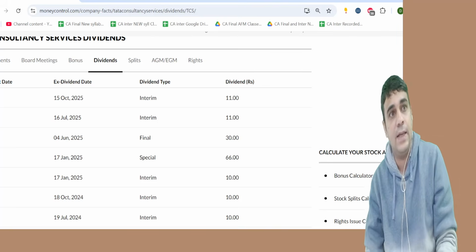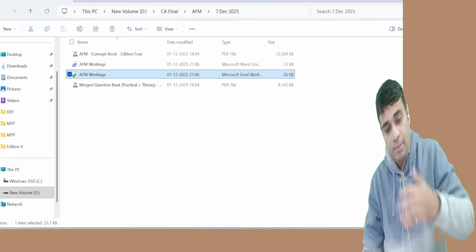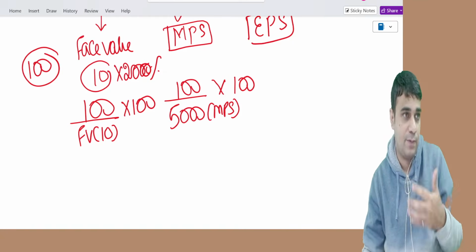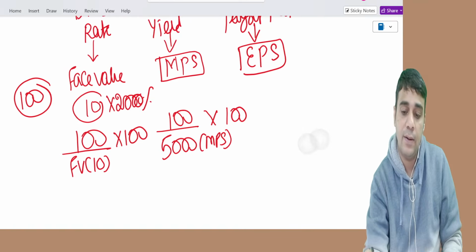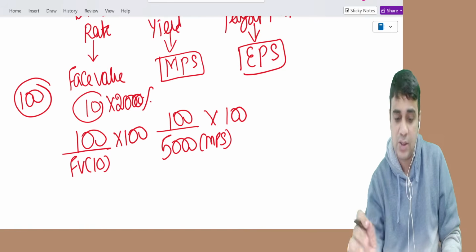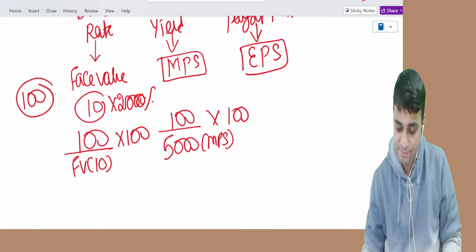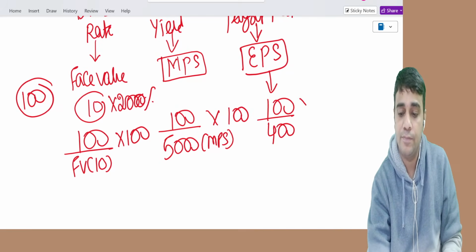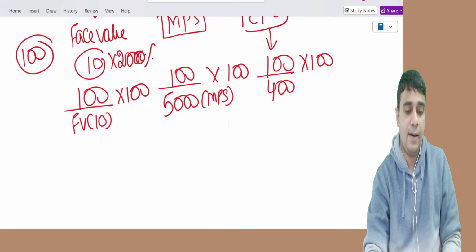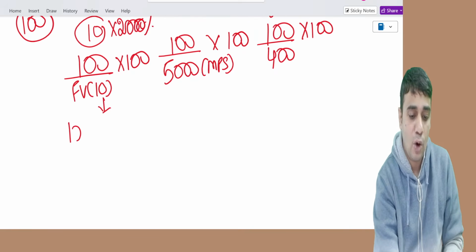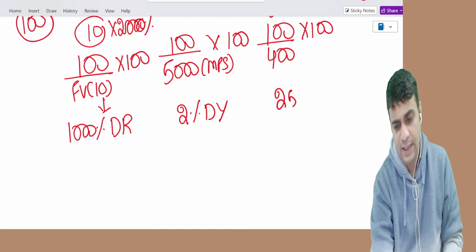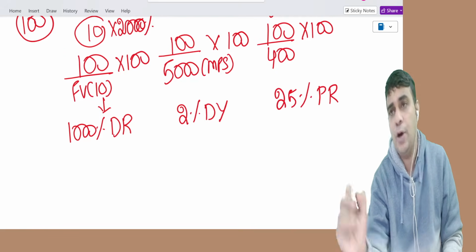The dividend percentage will always be on face value, but what I ultimately earn is on my market price, on my investment value. And there's a third thing called payout ratio, which is 100 rupees on an earning of 400 rupees. So you can write this in a minute: 1000% dividend rate, 2% dividend yield, 25% payout ratio.